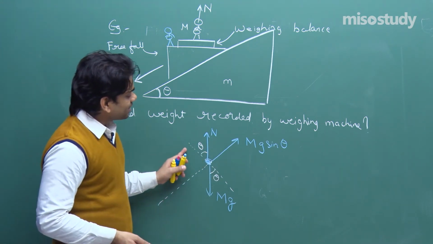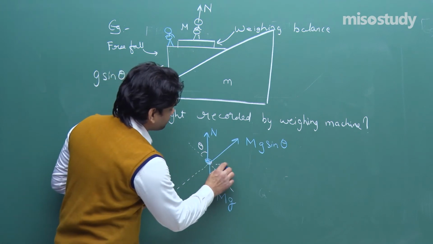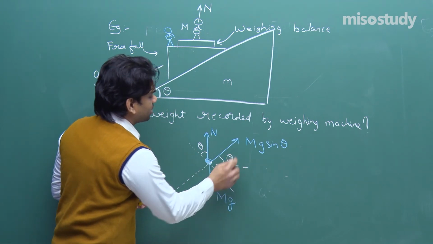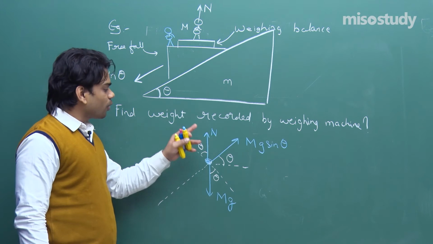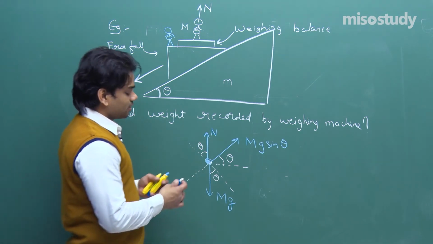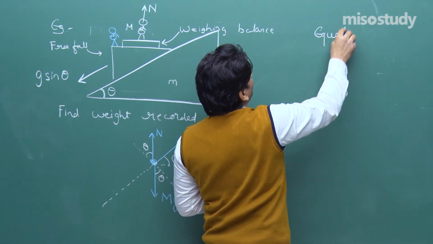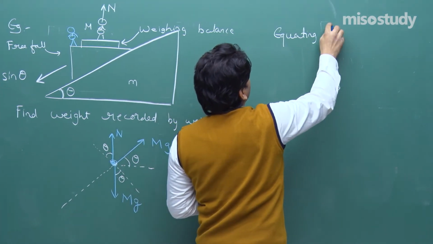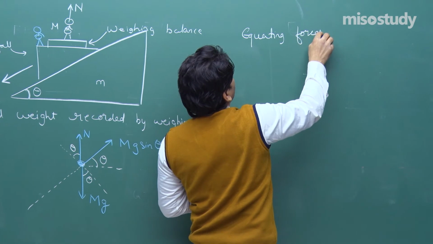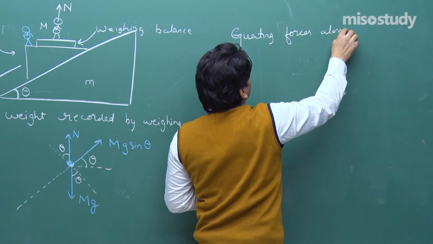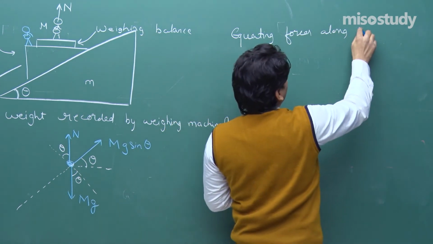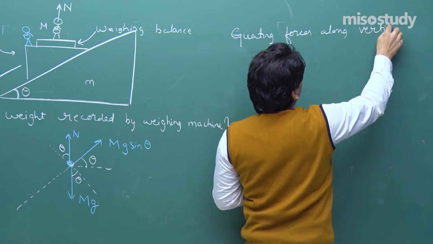Now we are interested to know, or you can think in this way, this will be theta. So let us equate the forces along the vertical direction. So equating the forces along vertical direction, see what we are going to obtain. Equating forces along vertical direction.